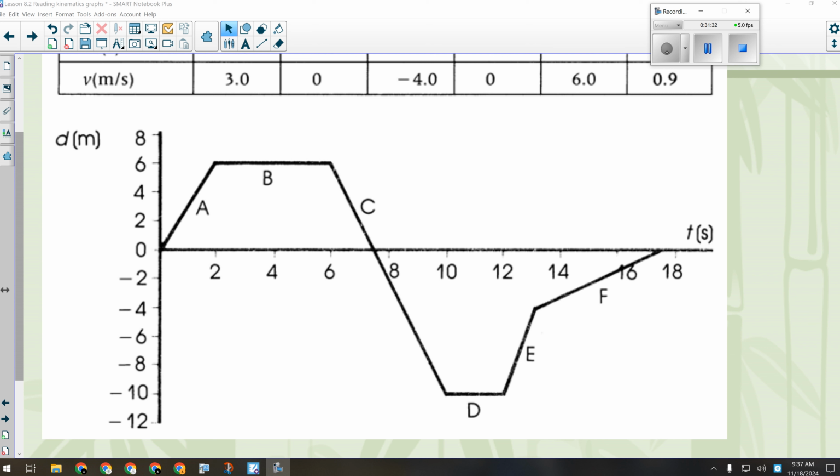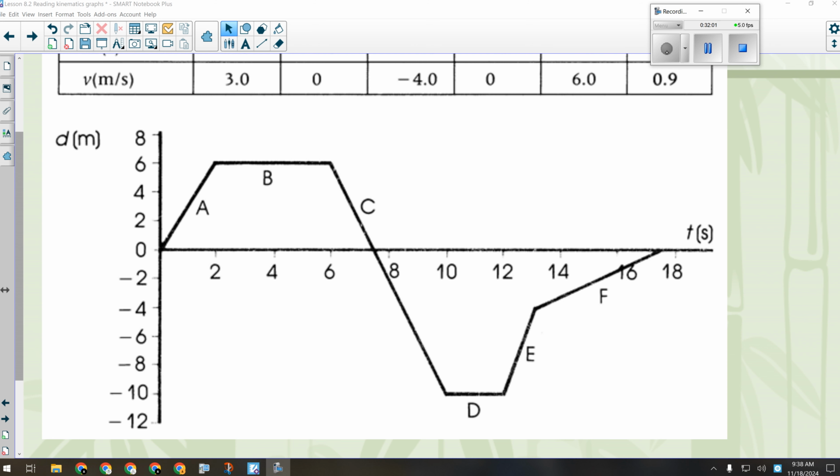Stopped. Where is the object moving faster? E or F? E. Ooh, we're not so sure about that one. Okay. In which one do you cover more distance in the shorter space of time? E. E is steeper. Did we not just cover that velocity is the slope of a line on this type of graph?